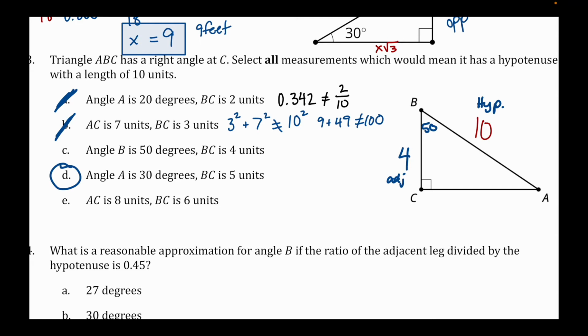And my adjacent over hypotenuse for this one, for 50 degrees, should equal 0.643. Oops, sorry, I'm right next to the wrong one. 0.643. And we want to know, is that the same as 4 over 10? No, 4 over 10 is 0.4. So that one should not work either.